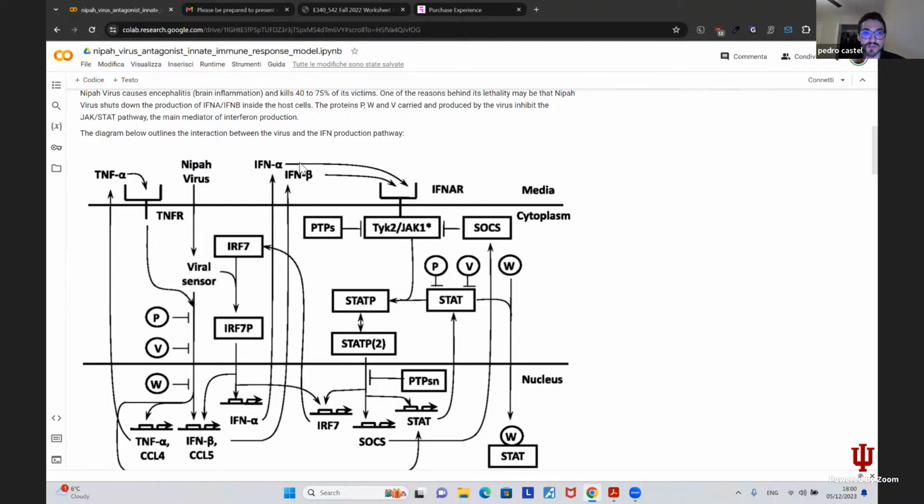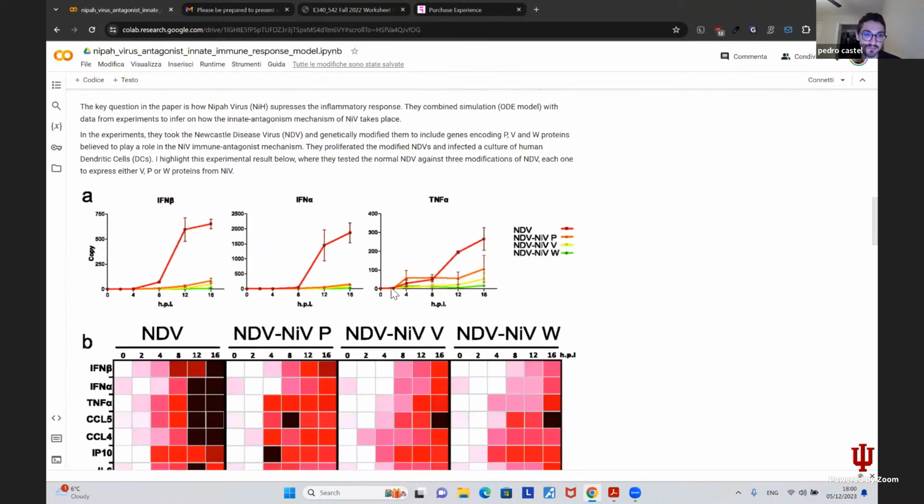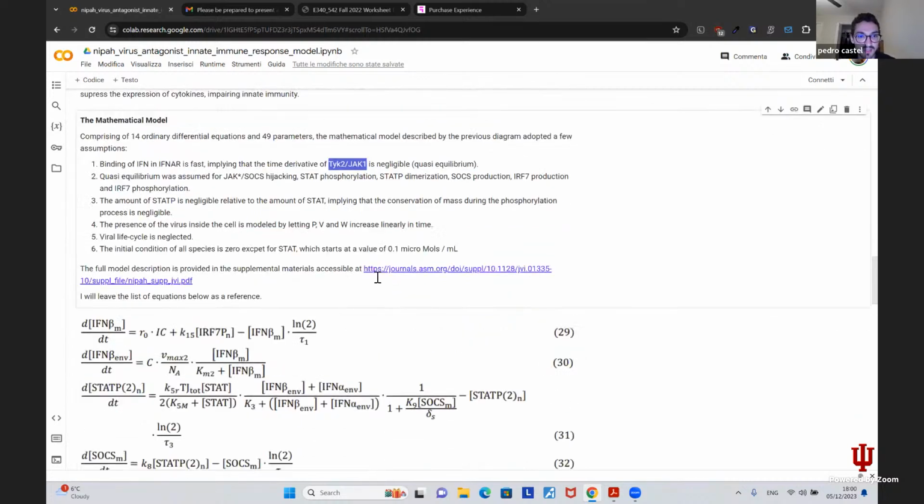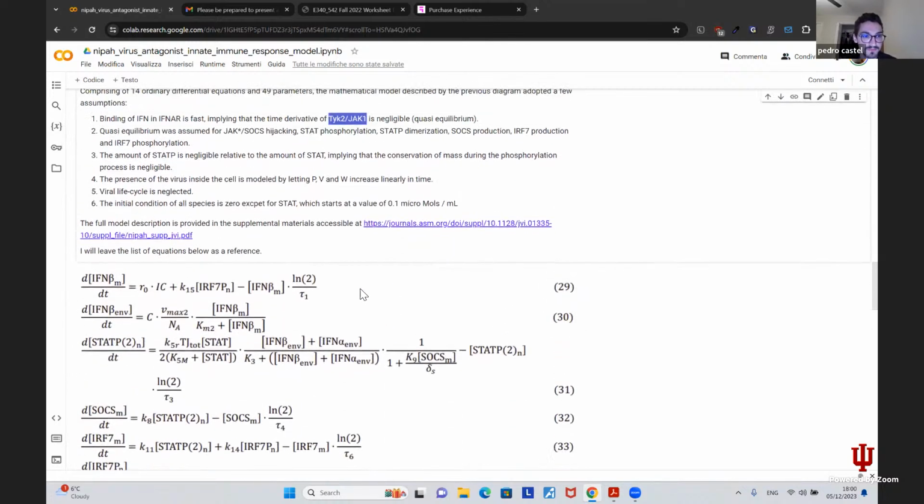They are saying this process is very, very fast compared to, for example, the production of interferons, which is slow. So you are comparing a protein binding to a receptor in the membrane with the production of a whole new protein. So it's a very decent consideration.